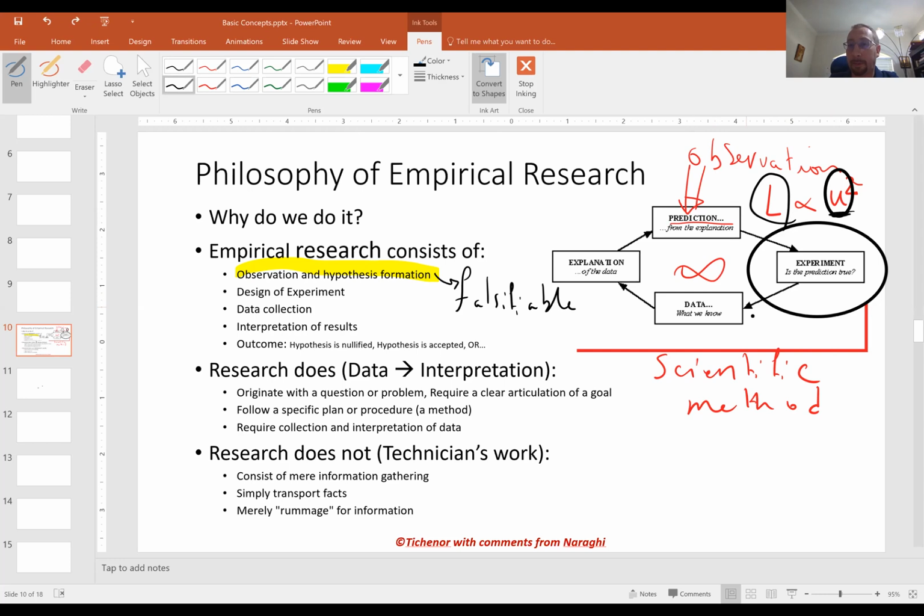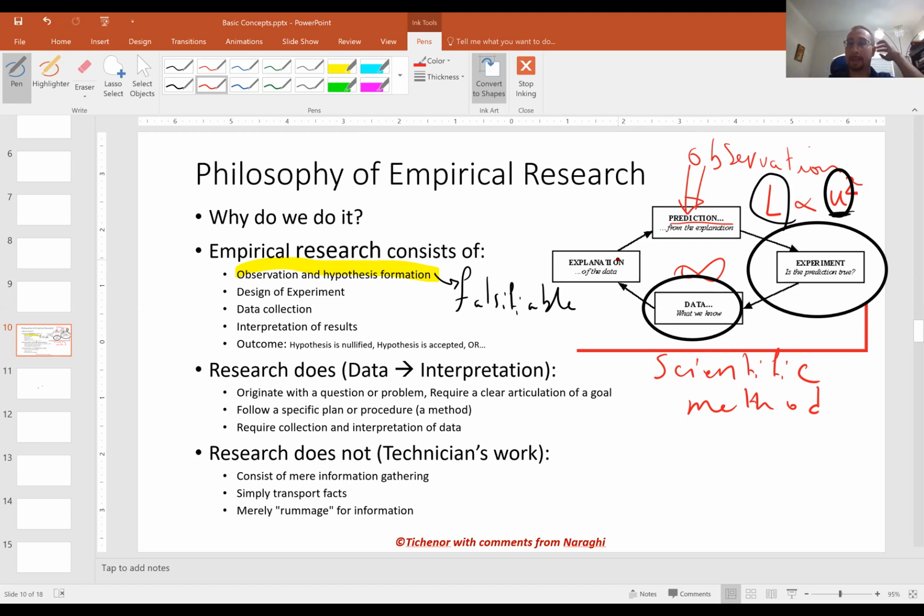Then I run the experiment. I go to this cycle. I measure the data, and the last part of it is interpretation. Now, the reason it can continue is because maybe your hypothesis will be false. Then you have to continue that. Or the other reason it can continue is that you now want to build a higher order model.